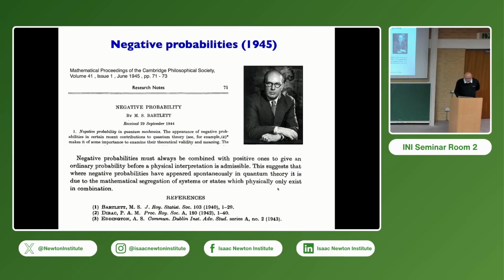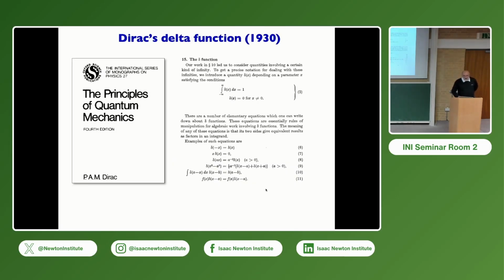So Bartlett was inspired directly by Dirac and published in 1945. We know another story, Dirac's delta function, introduced in 1930. Those beautiful relations were just unjustified.